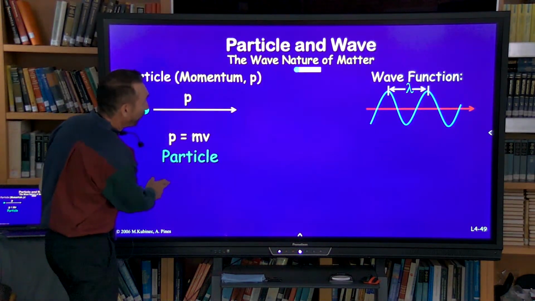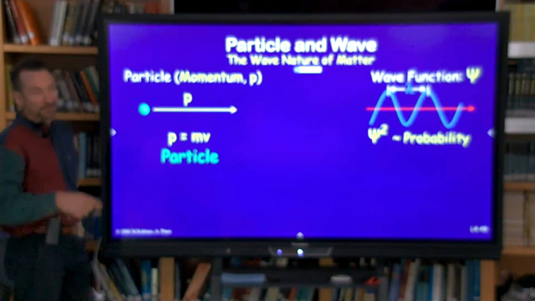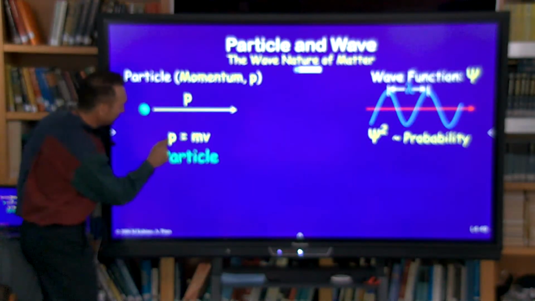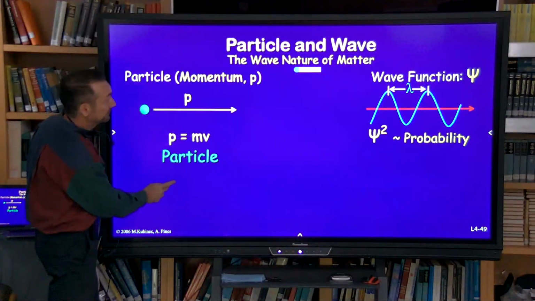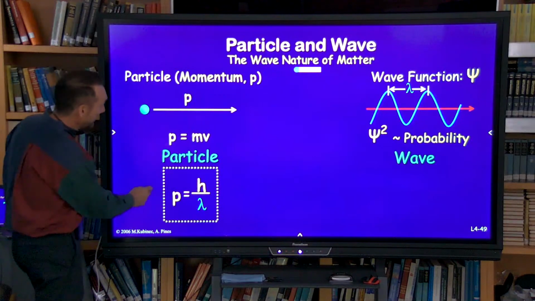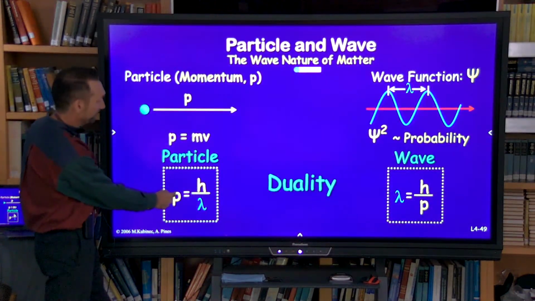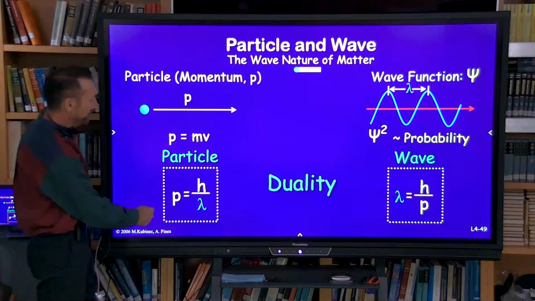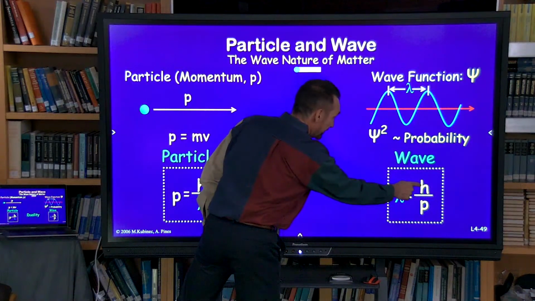So what wavelength should I associate with this mass? Well, let's not associate it with the mass. Let's associate it with the momentum of the particle, because we know we could do that with light. So let's say this was the relationship for light, particle, and momentum. Let's just use the same relationship. Lambda is h over the momentum.